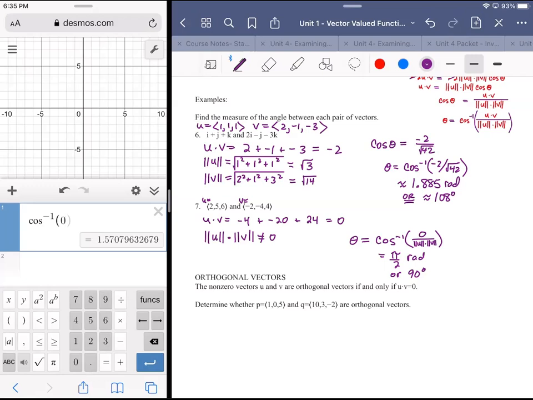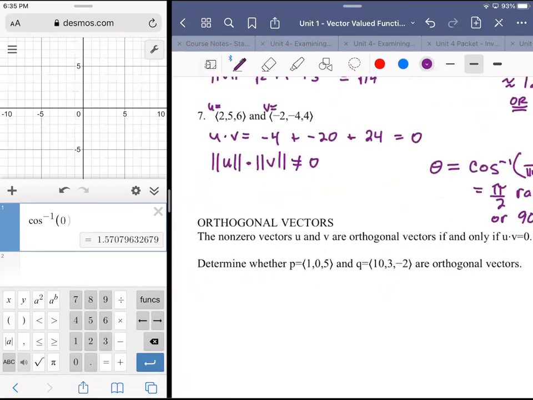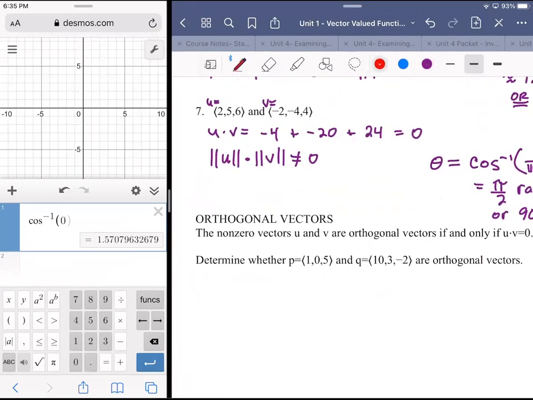Now, it turns out if neither of the vectors are the 0 vectors, so the non-zero vectors u and v are orthogonal if and only if their dot product is equal to 0. That's a pretty quick and easy way to determine if 2 vectors are orthogonal. All right, so they're going to form a right angle with one another. Still not going to tell us if they intersect with one another, and the vectors themselves wouldn't, but whether or not they're part of lines that would intersect.